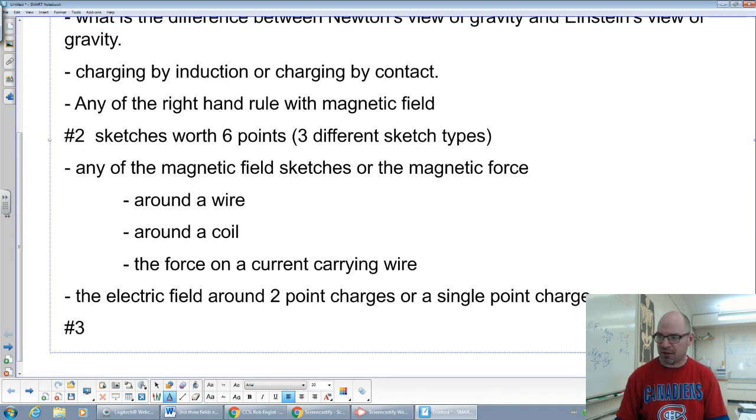We're going to be looking at, in number 3, some calculations that deal with the electric force, Coulomb's law. Okay, so Coulomb's law type calculations.